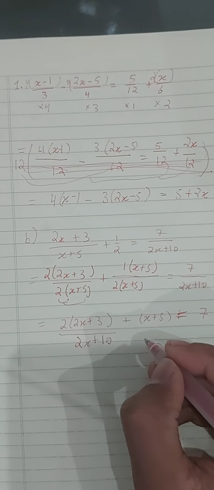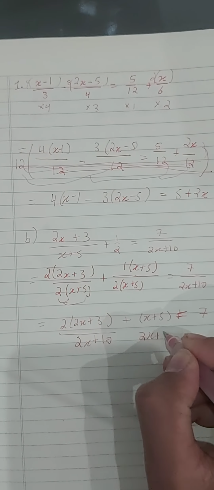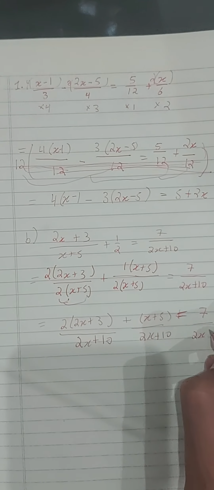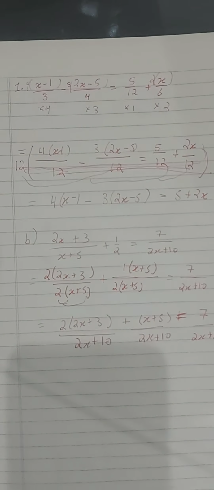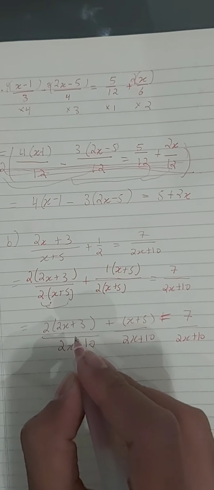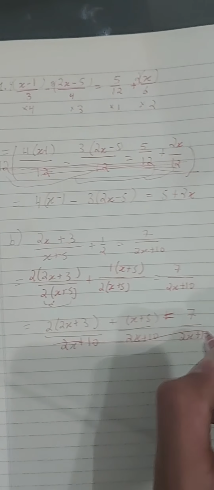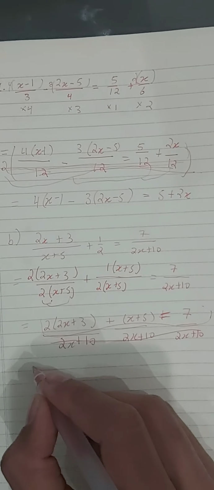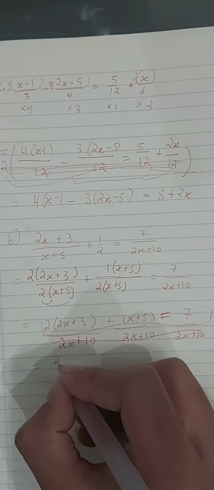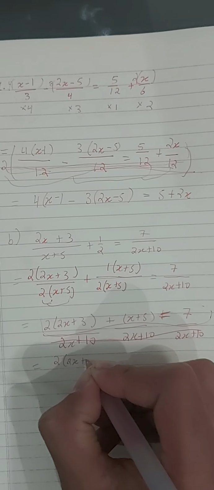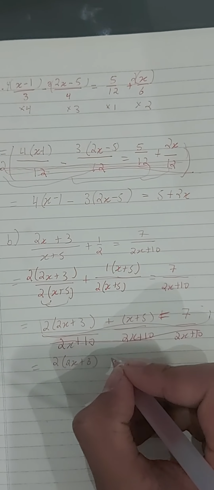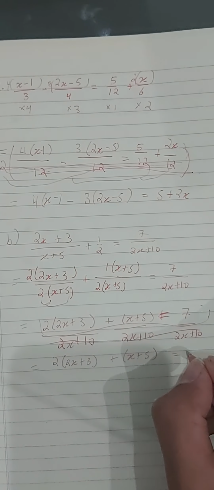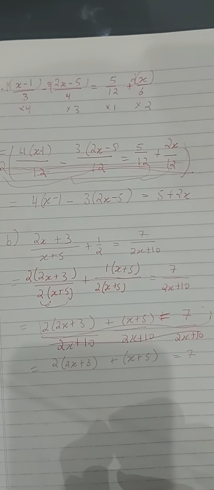And same thing goes for this one, so 2x plus 10. And we know that 2x plus 10 is already here, 2x plus 10, right? So now that they're the same, you can just cancel them out. And that just leaves us with the top part over here. So the final answer for this one is just 2x plus 3 plus x plus 5 equals 7. That's your final answer for that.